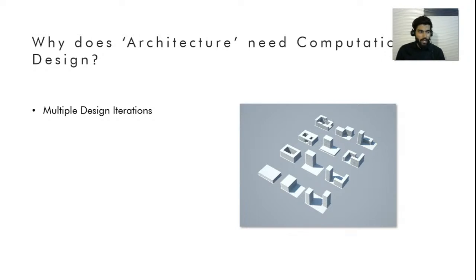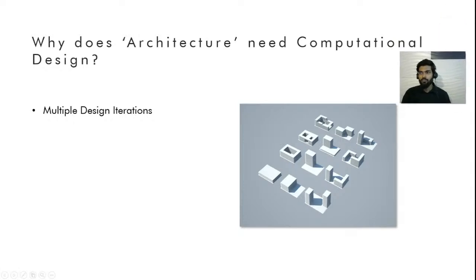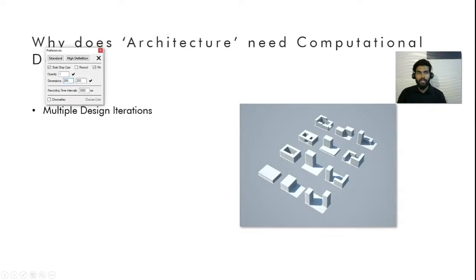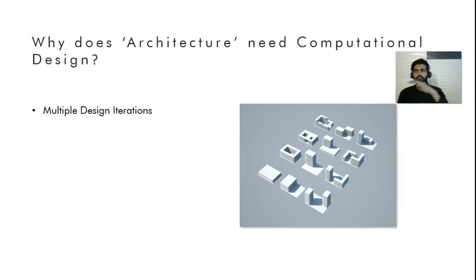And finally, let's also talk about why does architecture need computation design. So I'll just explain the very nitty gritties of it. There are a lot of things that parametric architecture or computation design covers, but the most important things that come out of it is, we had to design a building in which we had to distribute the floor area ratio, or FAR, or the plot area, in the total built up that we could achieve.